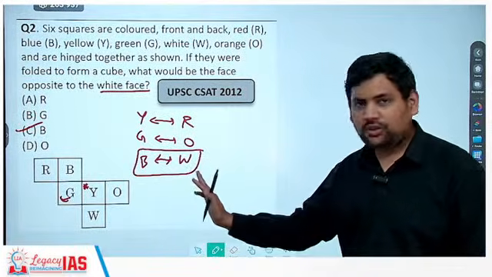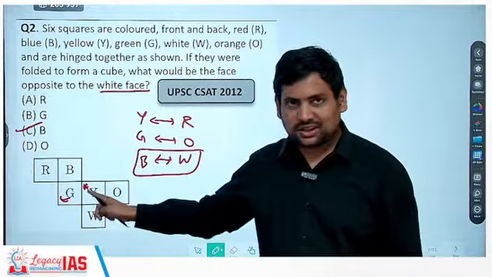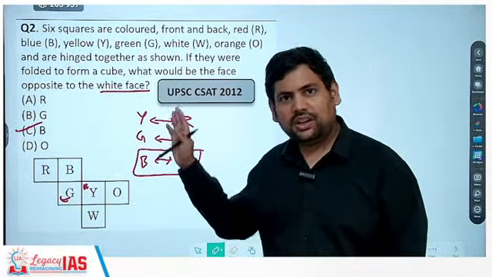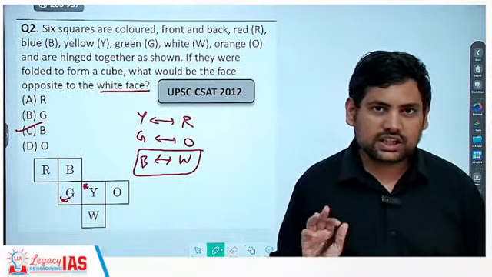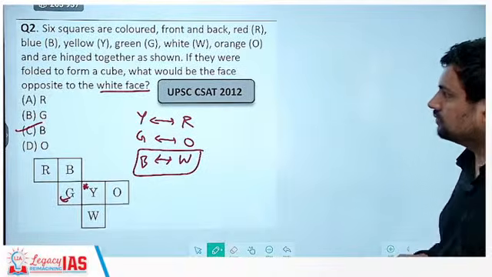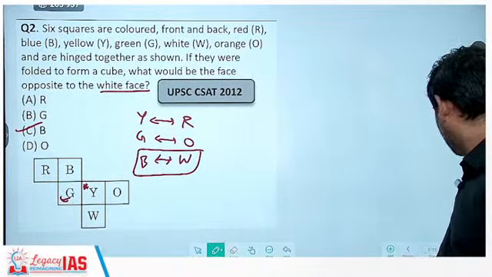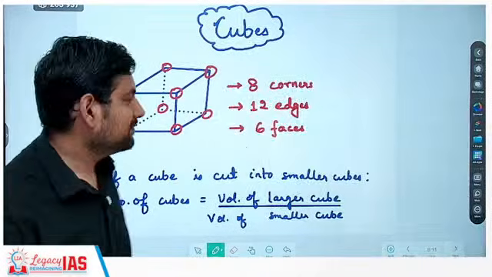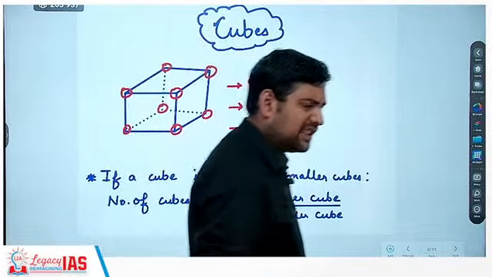Simple. You are just finding out which is touching the most ones. Whatever it is not touching becomes opposite to it, and then you can solve the entire case. Okay, then the next thing is we get to cubes. Dice is very easy, that is it.